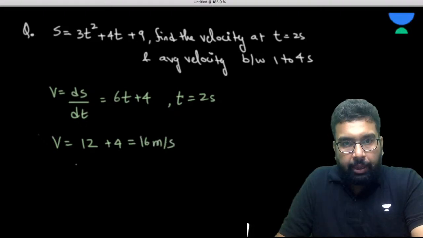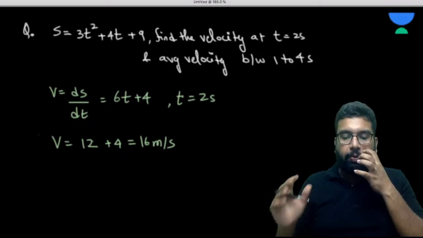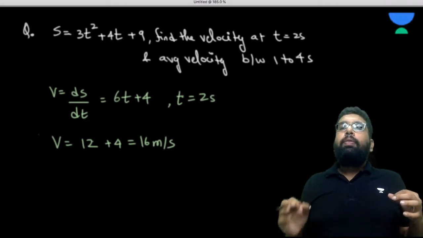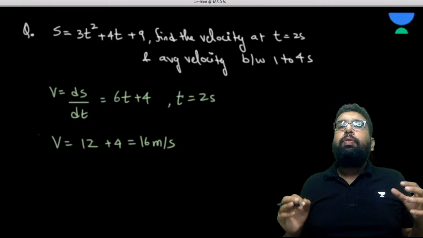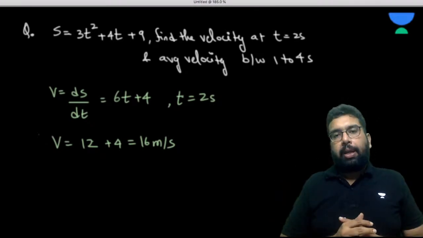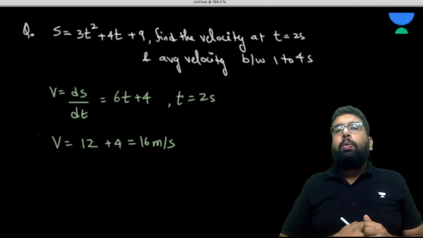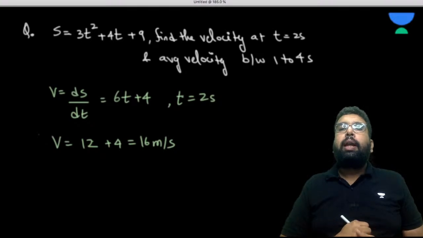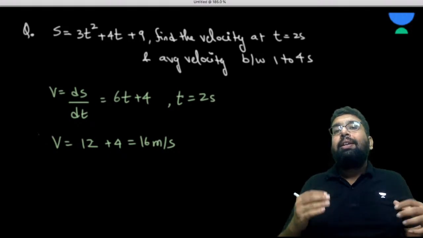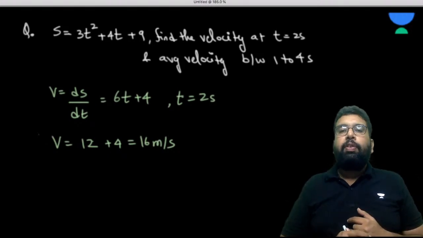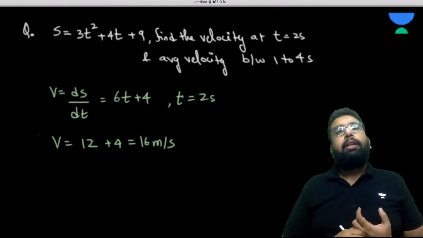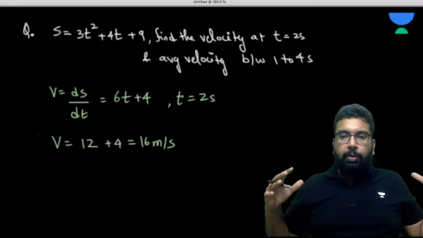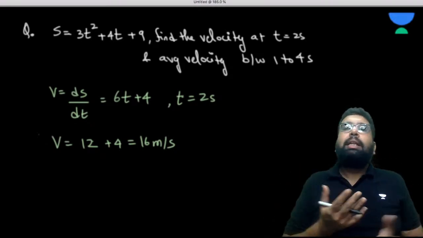Whenever we are to find the velocity at some point of time, that is the instantaneous velocity, and whenever it is to be found over some span of time, that is the average velocity.